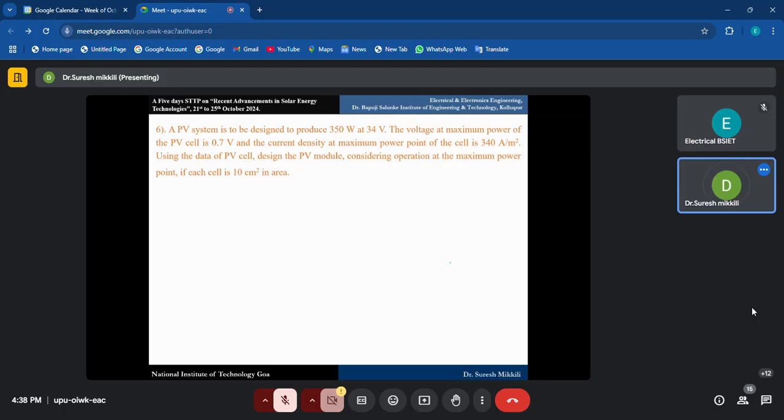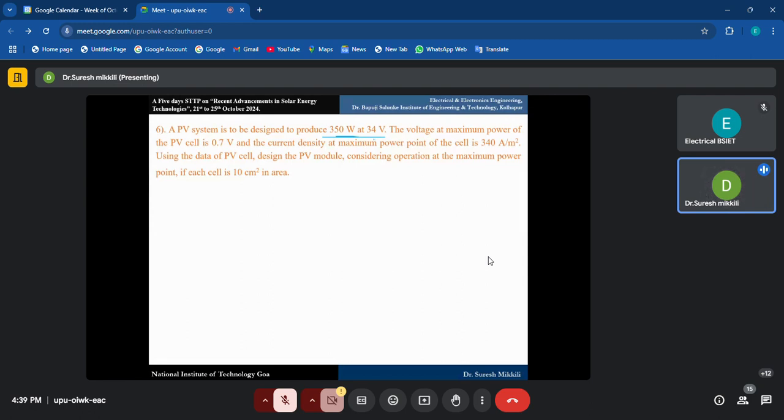Now, suppose a PV cell, this one is a little bit advanced. A PV system is to be designed to produce 350 watt at 34 volts. We want output power of 350 watt, output voltage of 34 volts.